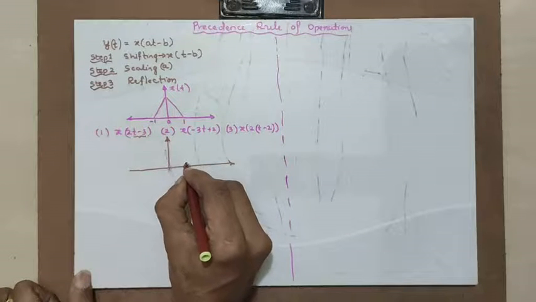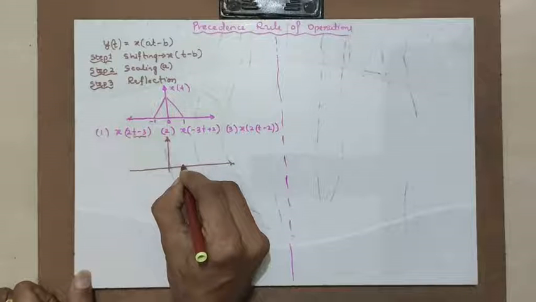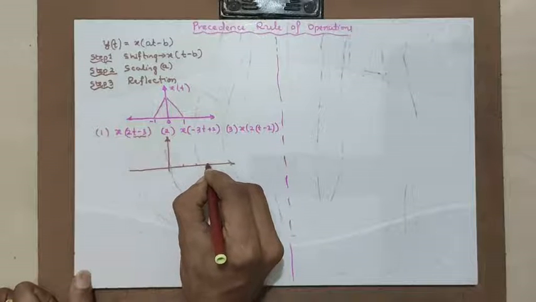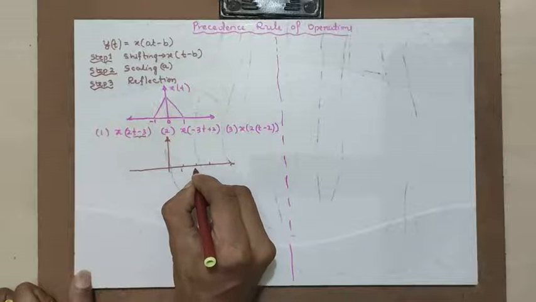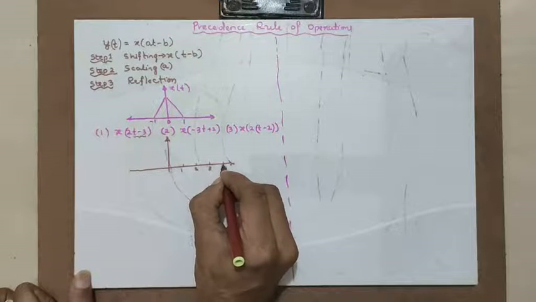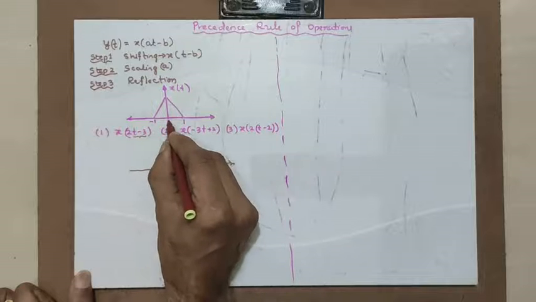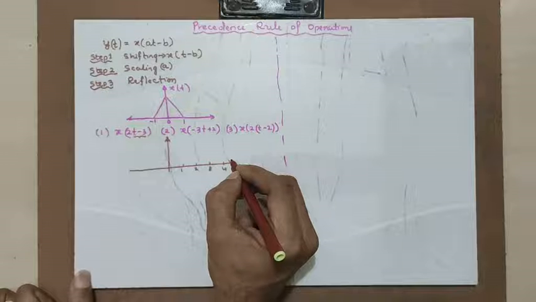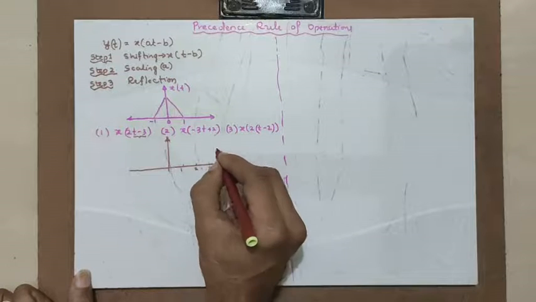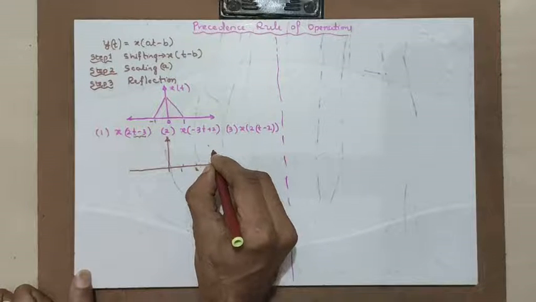And please note that most of you are not drawing it with the scale. Try to at least draw it with the scale. Not that scale to be used, but draw it with the scaling. Yeah, what happens? The 0 point shifts to 3, isn't it? That means here is the waveform.